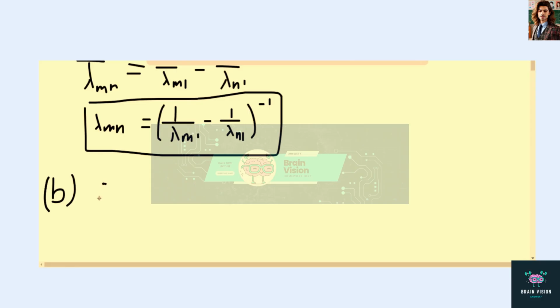So lambda is equal to 2 pi over k, so we have 2 pi over k mn is equal to, we have lambdas on the bottom on this one, so we're going to have km1 over 2 pi minus kn1 over 2 pi, all raised to the -1.